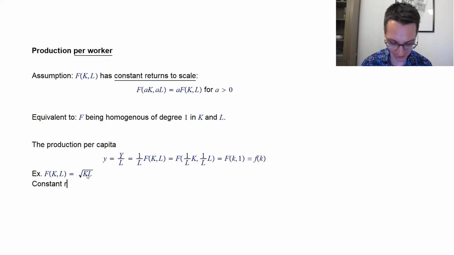So constant returns to scale: square root of aK aL equals square root of a squared KL equals a square root of KL.